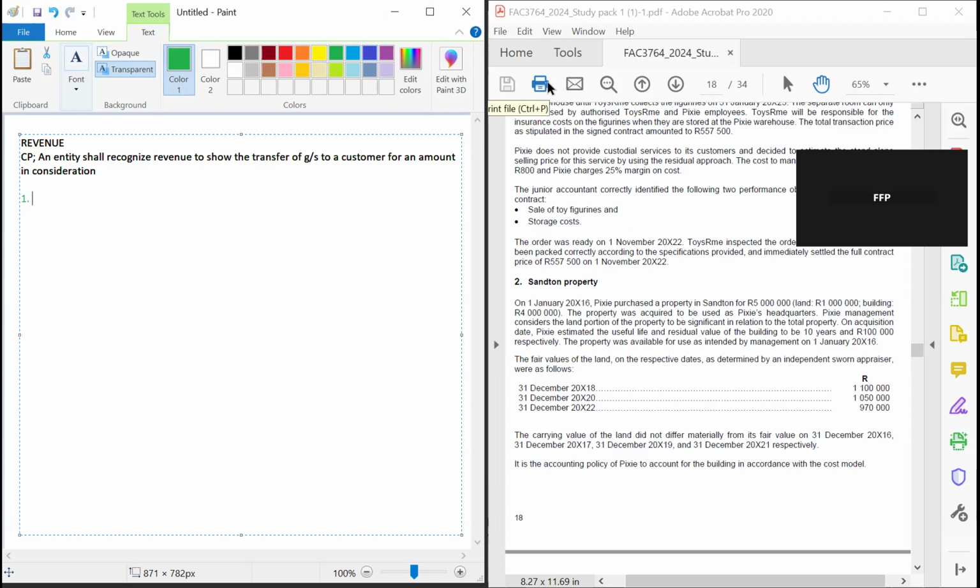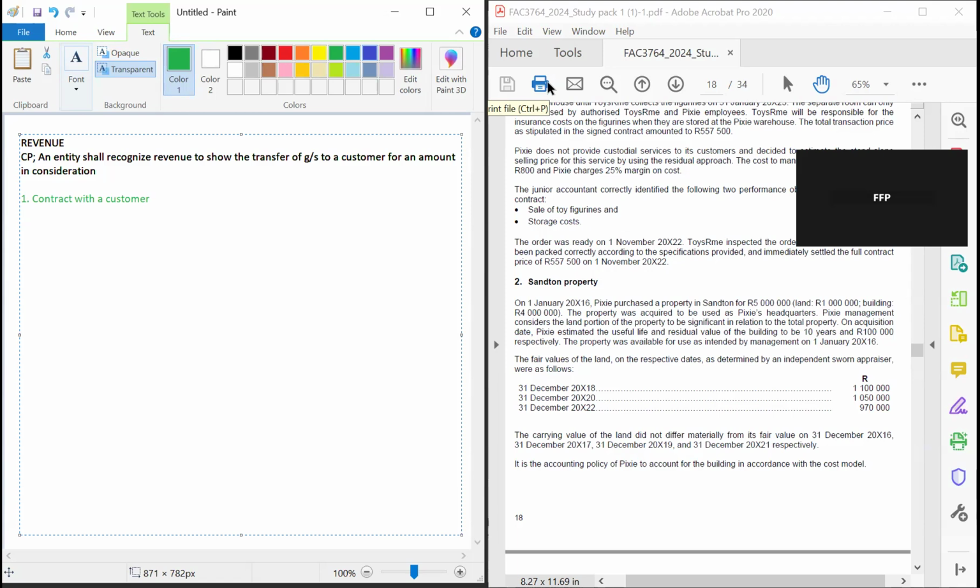So the first one and the easiest one, right, is to identify a contract. You have to identify a contract with the customer, right? So here you have to identify a contract with the customer.